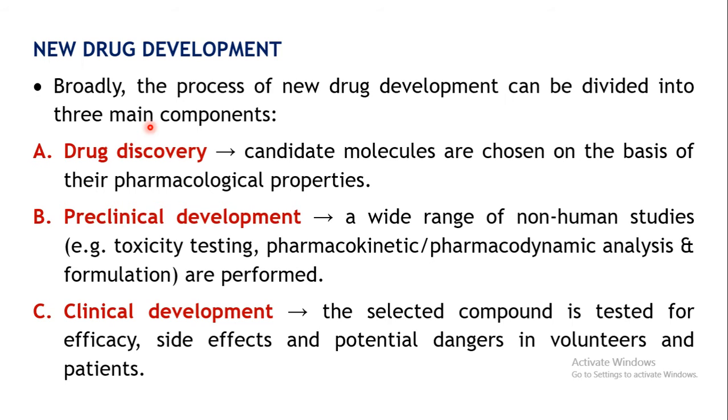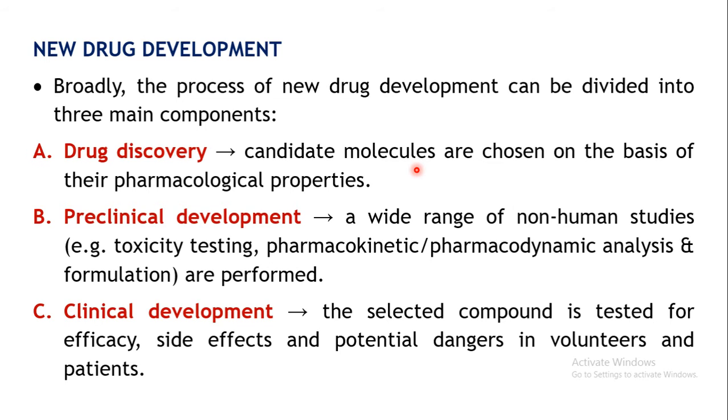Basically there are three components of this process of development of a new drug. The first one is the drug discovery. Here you make a proper choice of certain candidate molecules. You can't call them a drug as such at this stage, because they have yet to be studied for that particular condition.